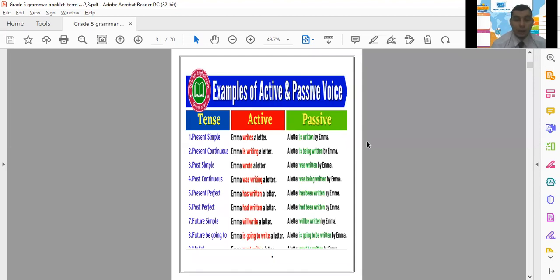After you open it, here we have a word called present continuous. I need you to scribble it and write present participle.